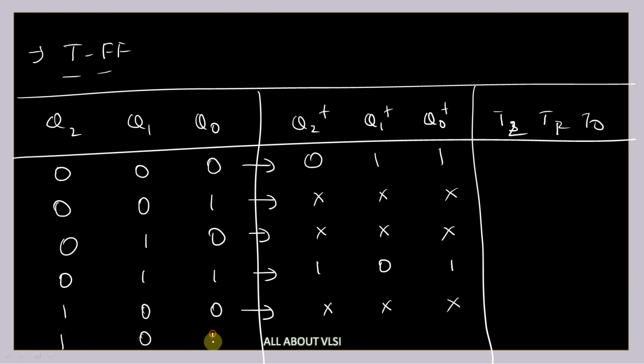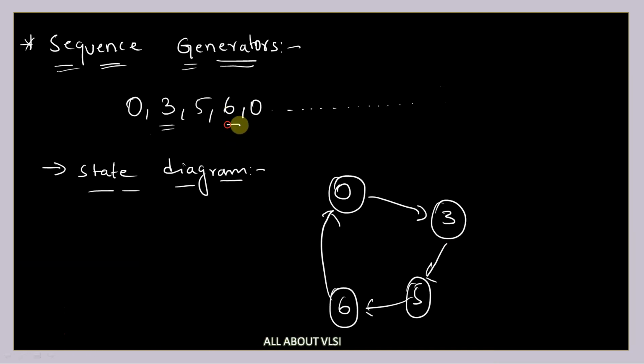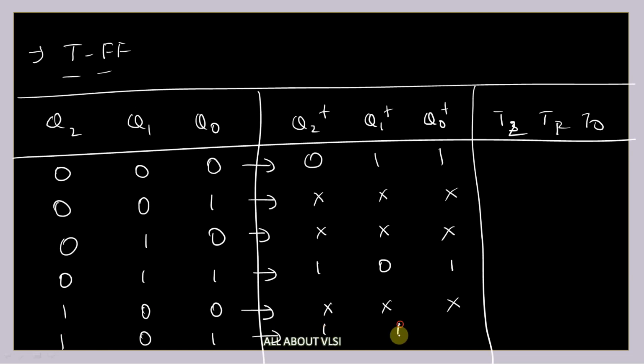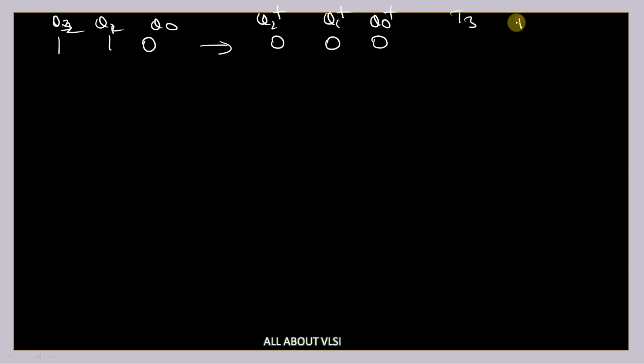And if my present state is 7, there is no such state, so the next state is don't care.